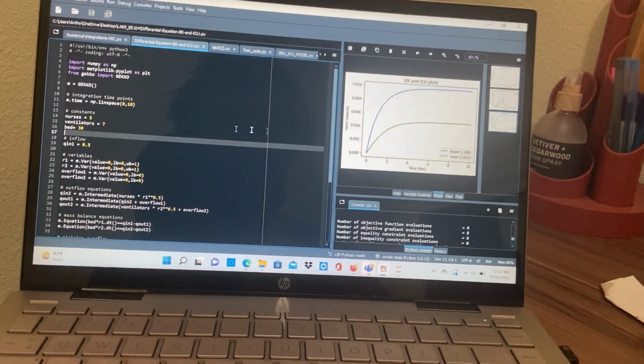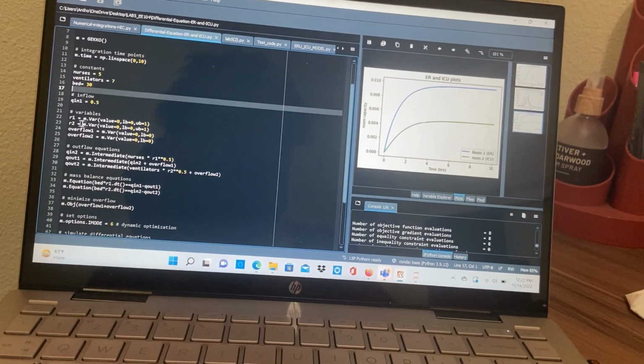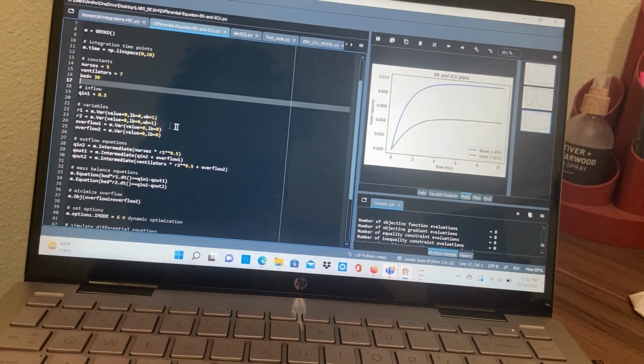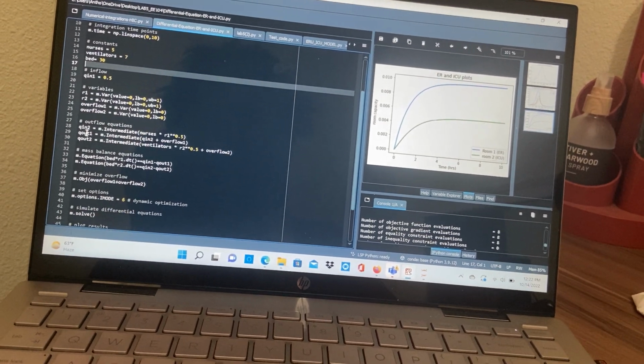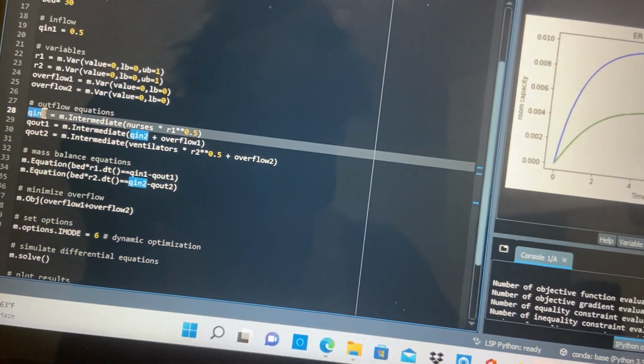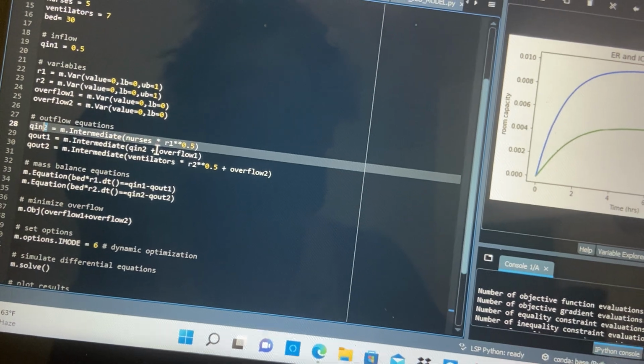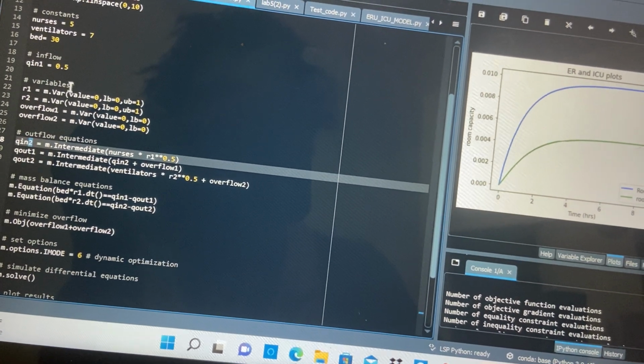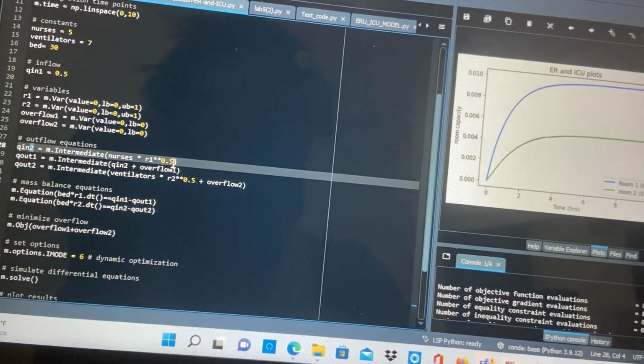So this is what this code is about. Room 1 is being modeled, the input values. Q in is the amount of patients coming in, which is the nurse multiplied by room 1 multiplied by the number of inputs, which is half of that.